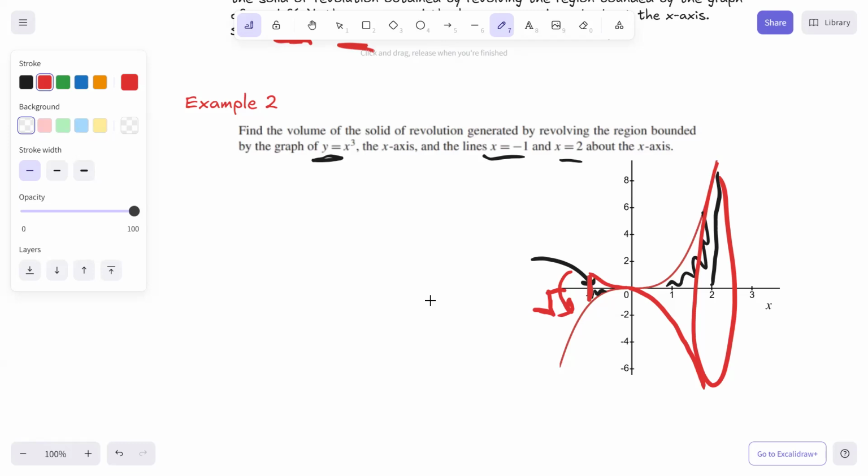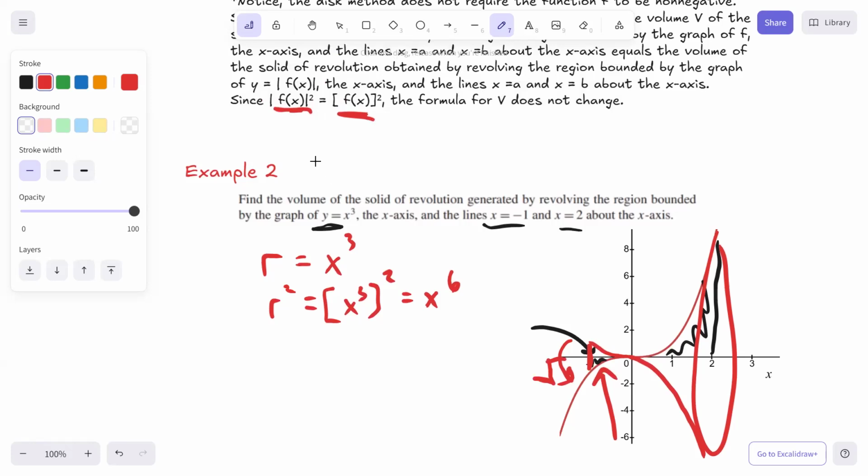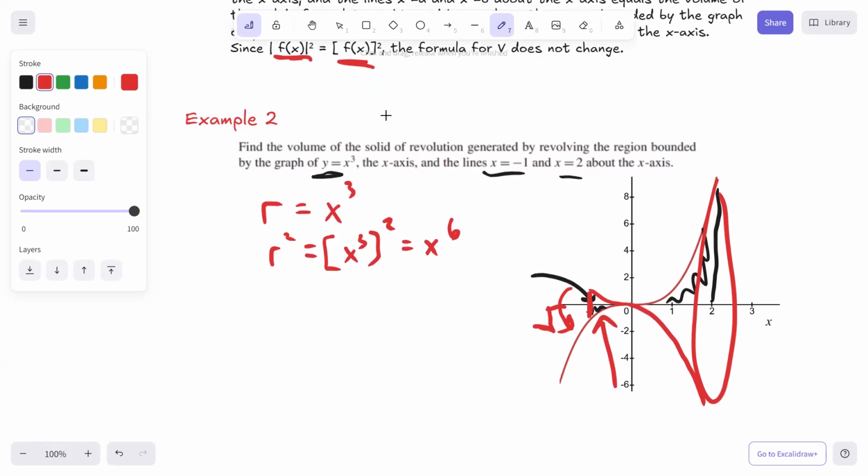But no matter what, the function that models the radius is x cubed, and r squared is going to be x cubed squared, which is x to the 6th. And so even though this region down here has negative y values, when we raise the x value to the power of 6, it ends up being positive. And that's what I was trying to say up here: whenever we square the absolute value of a function, it's the same as the function squared.